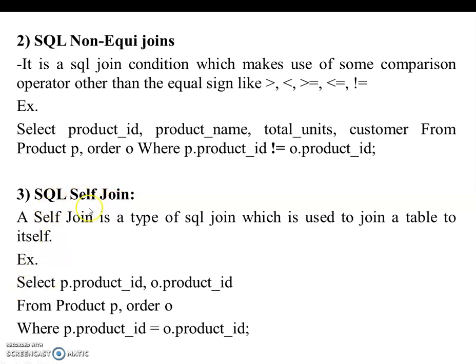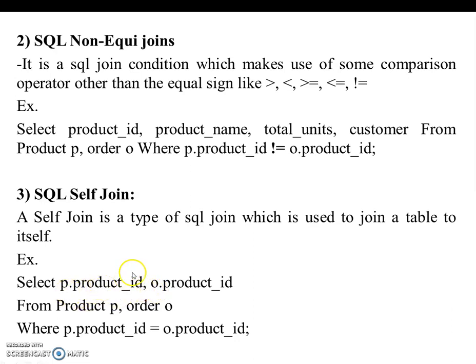The example of a self join is: select p dot product id, o dot product id from product p, order o, where p dot product id is equal to o dot product id. Just see what is written over here. We have used instances, or object names, along with their attributes. We have never done this before.